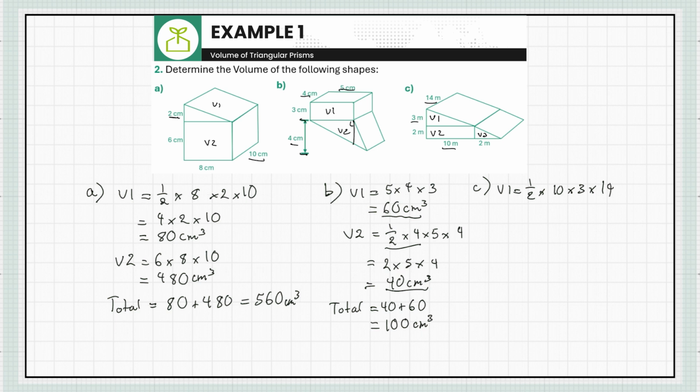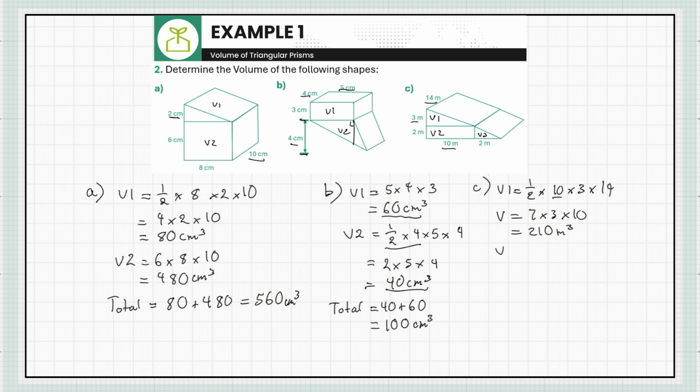Alright, so once we've done that, we can do the basic calculation. And that's going to be V is equal to, well, we'll keep the 10, we'll get rid of the 7. So this is going to be equal to, if we multiply the half into the 14, 7 times 3 times 10, which is just equal to 21 times 10, which is just equal to 210 meters cubed.